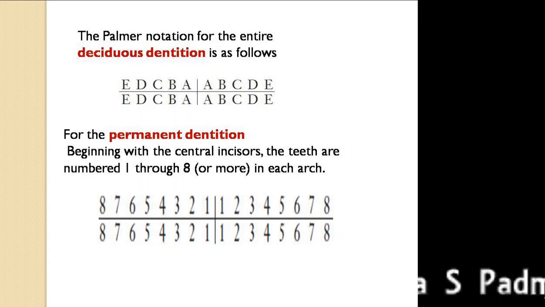If I write B, that is the maxillary left primary lateral incisor. The same way on the right side, A, B, C, D, E, all capital letters will be written. In the mandibular arch, again A, B, C, D, E on the right and A, B, C, D, E on the left. Whereas in permanent dentition we write numbers 1 to 8: 1 for central incisor, 2 for lateral incisor, 3 for canine, 4 for first premolar, 5 for second premolar, 6 for first molar, 7 for second molar, and 8 for third molar.